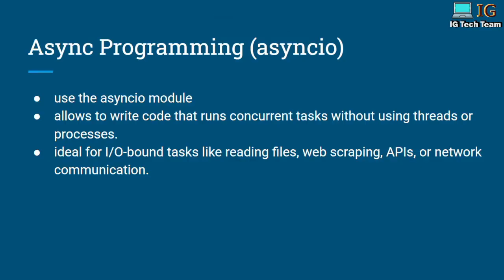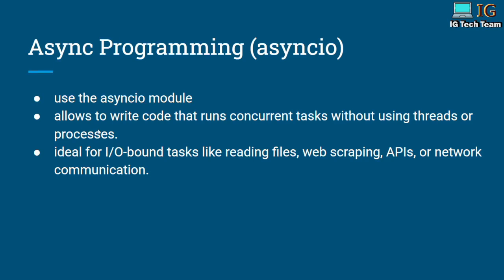Next we have async programming, asyncio. If you don't want to use multi-threading or multiprocessing but want to run your tasks at the same time, then you can use async programming, the asyncio module.